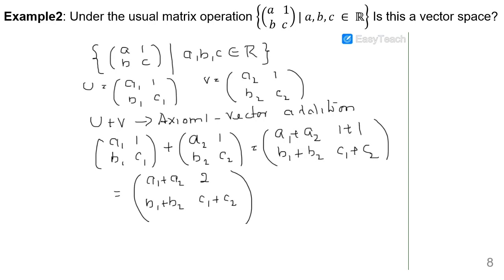If you look here, you will see that the condition says the first row, second element should always remain 1. But in this case you can see that it is 2. Therefore, we can conclude that it does not satisfy the condition.